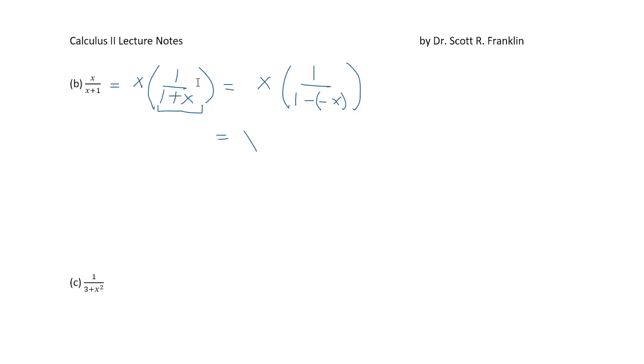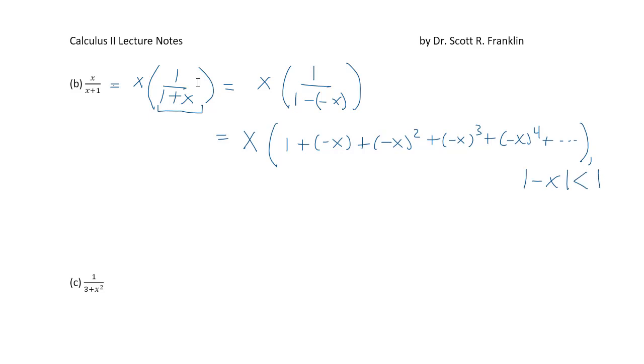So this looks like x times 1 plus a minus x plus a minus x squared plus a minus x cubed plus a minus x to the 4th, and so on, for whatever I'm plugging in, the value of that inside the absolute value is less than 1. So this is equivalent to x times all of this.